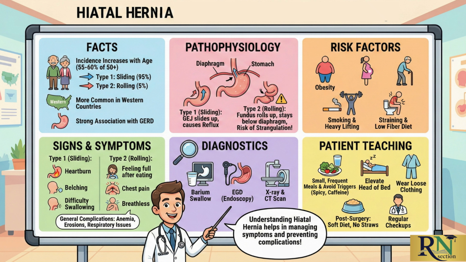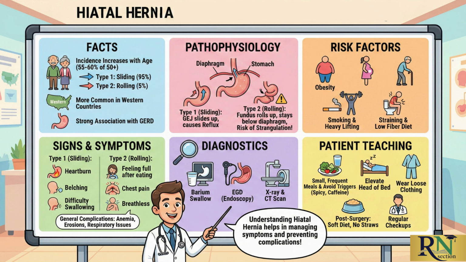The hiatal tunnel widens, allowing the esophageal junction and part of the stomach to slide up into the chest. This often leads to reflux as stomach acids contact esophageal tissue. In part 1, the key terms, I have those definitions and pictures.